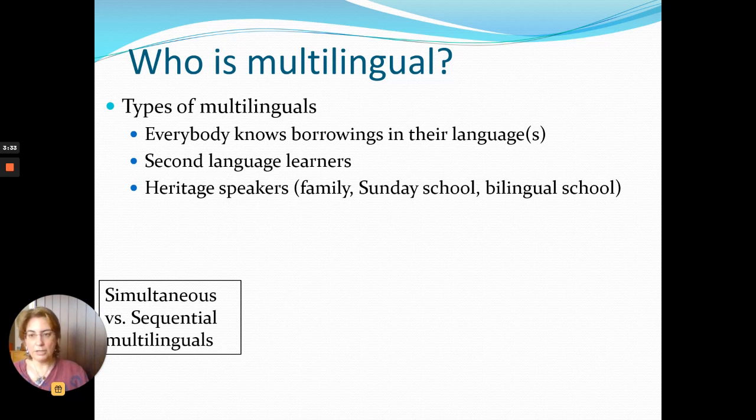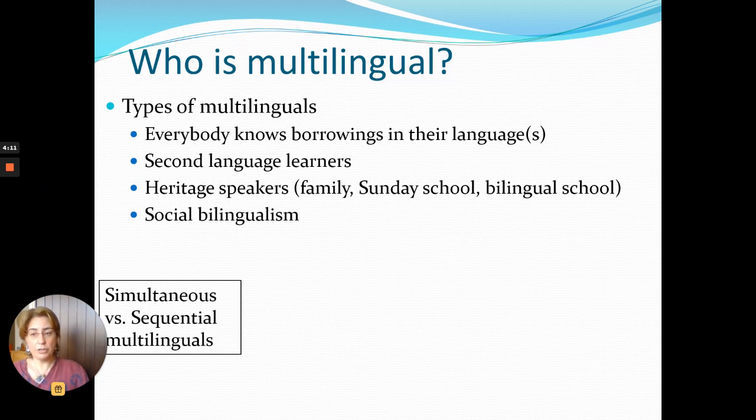Many times heritage speakers are linked to issues of history of migration, either their own migration or most likely the migration of their parents. And those are treated differently because typically, for example, their language does not have any support in the school system. Sometimes it doesn't even have support in the community or at the social and political level. So they just have different languages as a matter of their own inheritance, their personal inheritance.